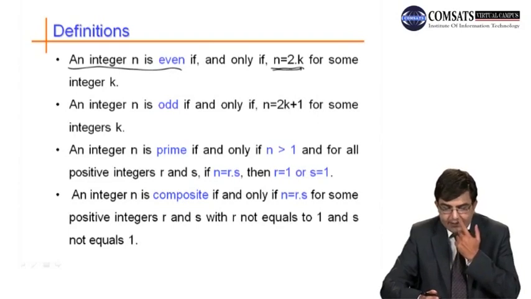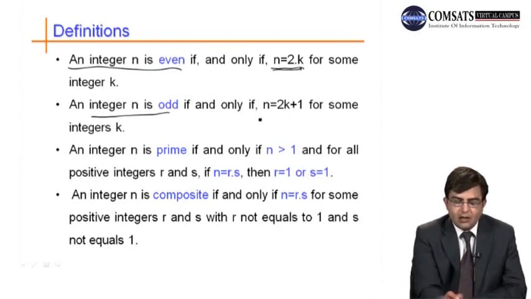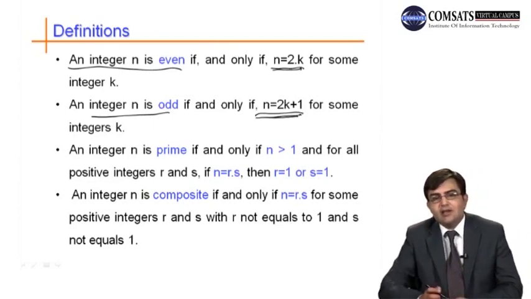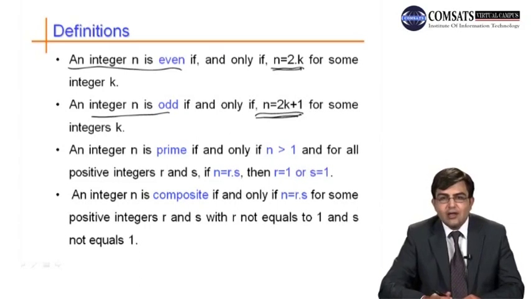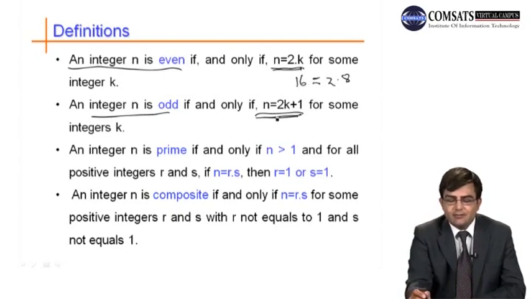And what is an odd integer? An integer which can be written as n is equal to 2k plus 1. For example, 16 can be written as 2 into 8, so 16 is even.